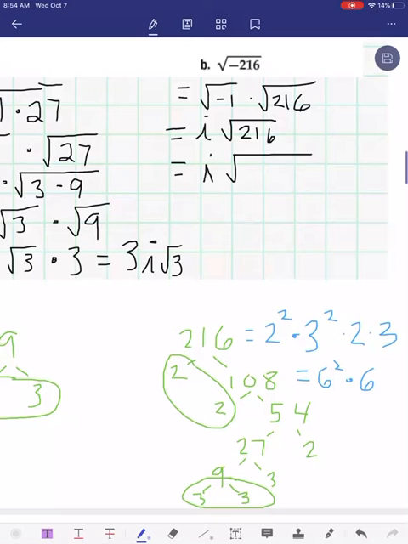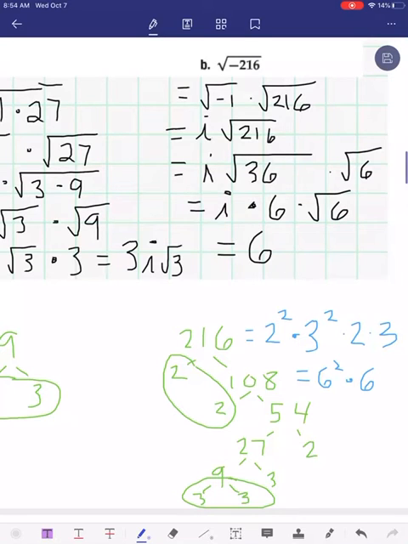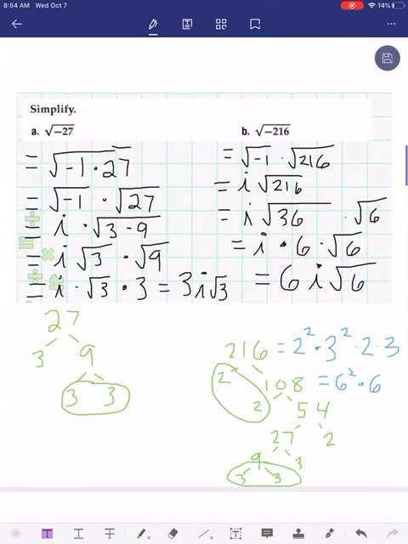Well, 6 squared is going to be 36 times the leftover square root of 6, and we know that the square root of 36 is 6. So then our last step is just going to be to move that number to the front, and we get 6i square root of 6. So those would be my final answers.